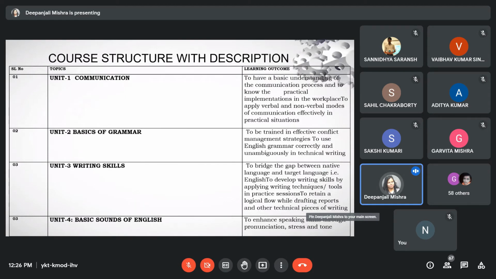You will understand the techniques of writing a paragraph. That is what is meant by writing skills. Then drafting reports, you will know how to draft reports. The fourth module that we will do is the basic sounds of English, that is, enhancing speaking skills through pronunciation, stress, and tone.